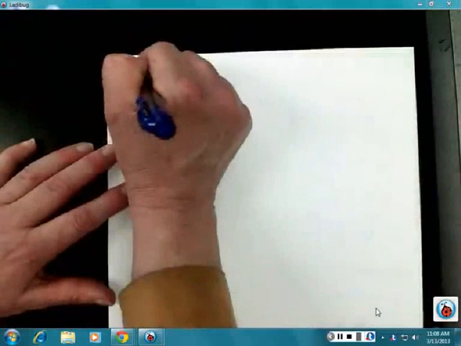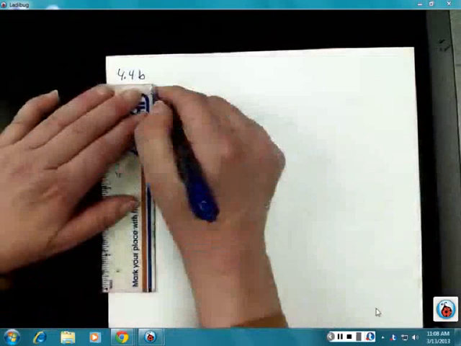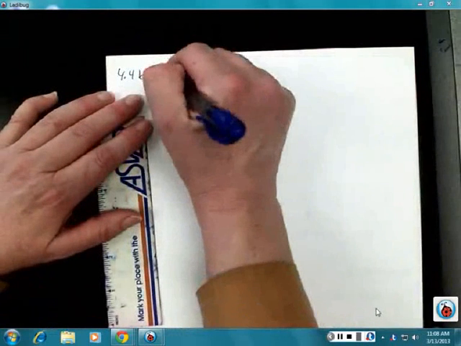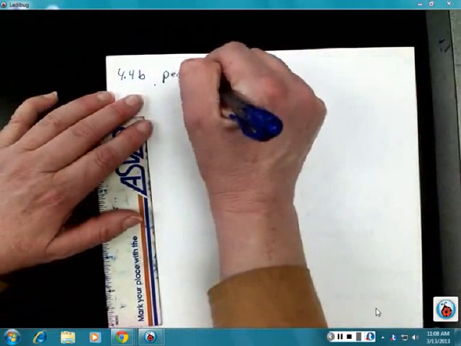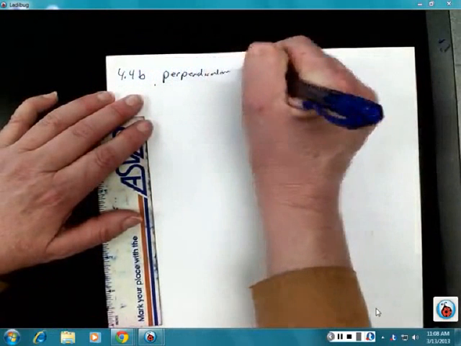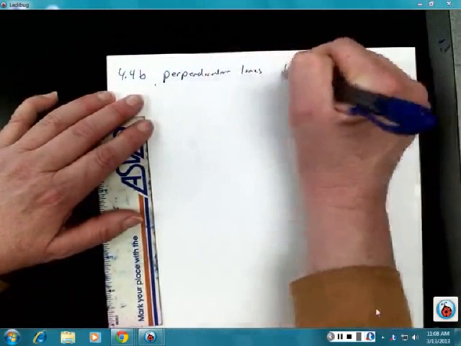We'll come back and start working on this 4.4b in a second, but I have to go through some information on 4.4b, because in 4.4b we are working with perpendicular lines and parallel lines.